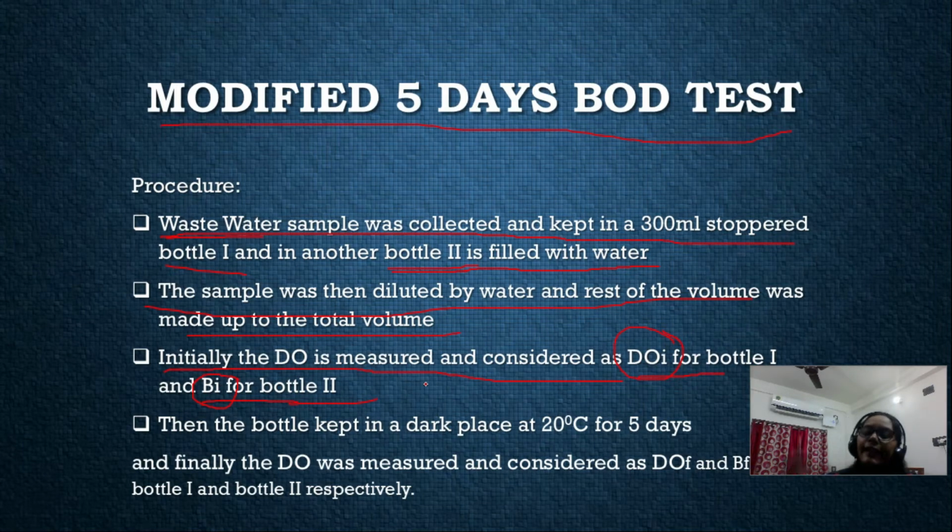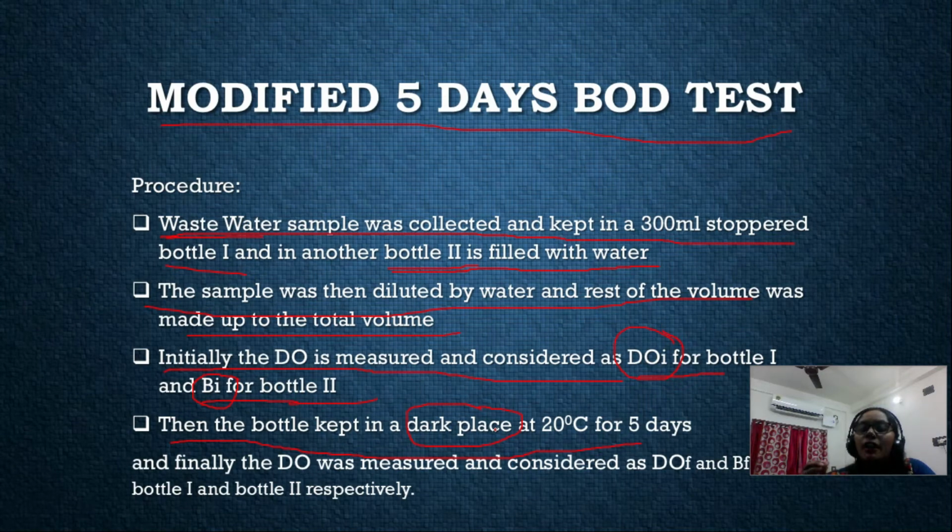After that, the two bottles are kept in a dark place at 20 degrees centigrade for 5 days. Now, one question I have is why every time the bottles are kept in a dark place. Why? Because the BOD reaction is photosensitive.